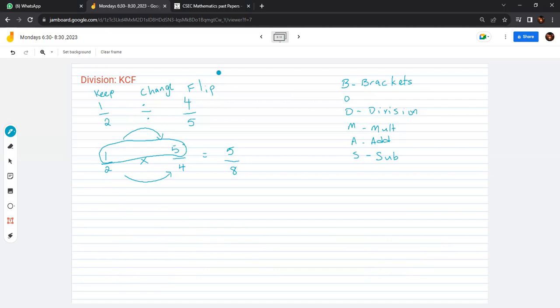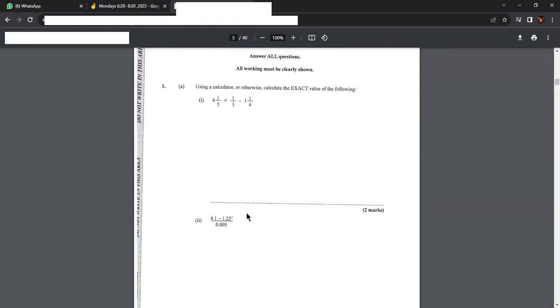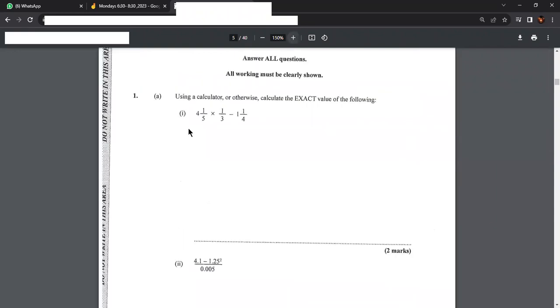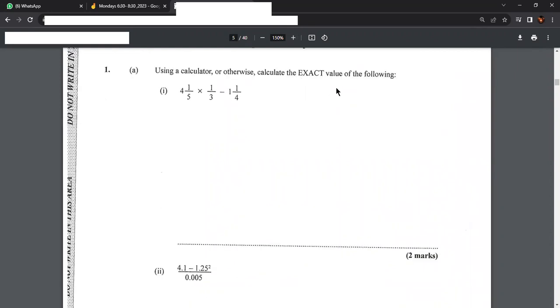All right, so right now we're looking at the January 2020. So it says using a calculator or otherwise, calculate the exact value of the following.